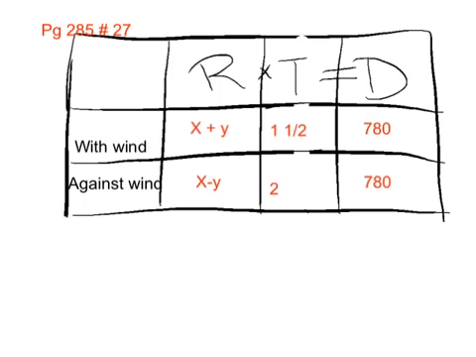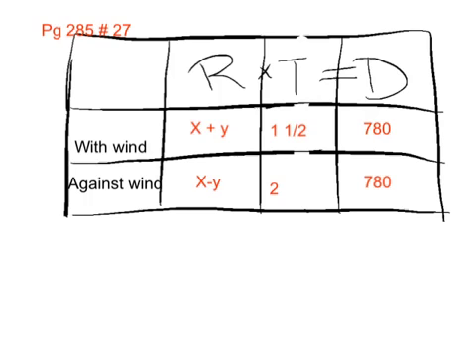Going back to the first slide we talked about, if I'm going with the wind, I'm adding the wind speed to the airplane speed so that I can go faster. Again, we're adding the rates because I'm moving faster. It helps me to increase my speed. If I'm going against the wind, I subtract the wind because it's coming against me, slowing me down.